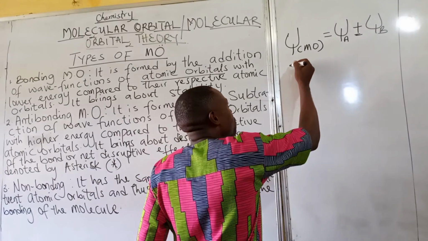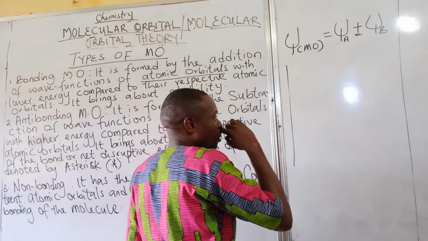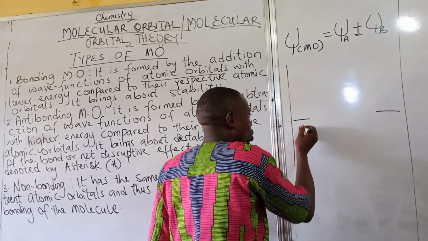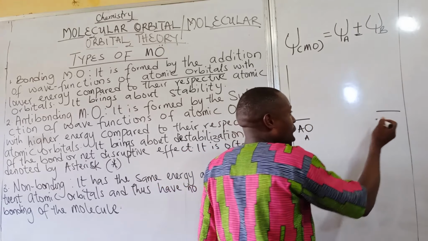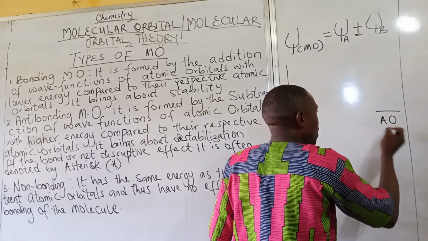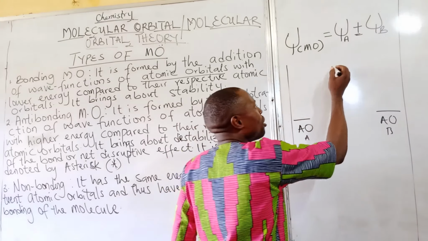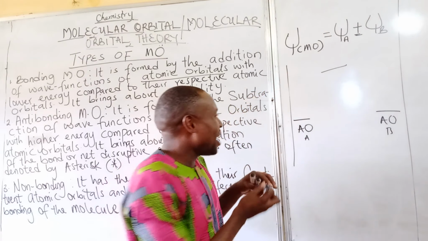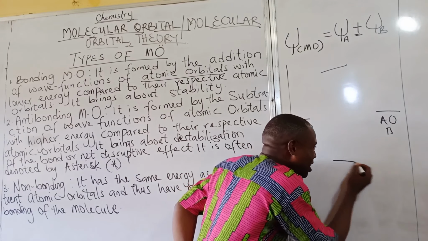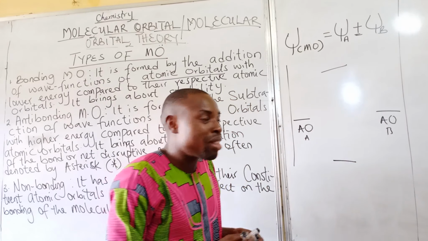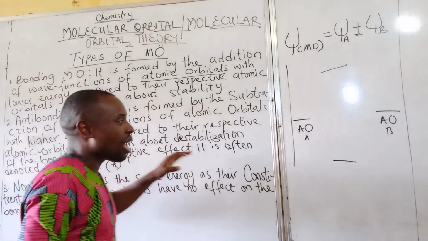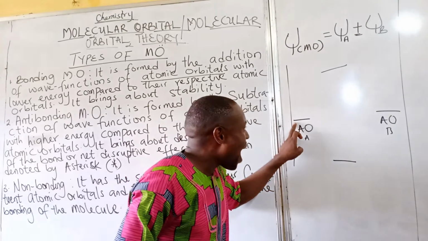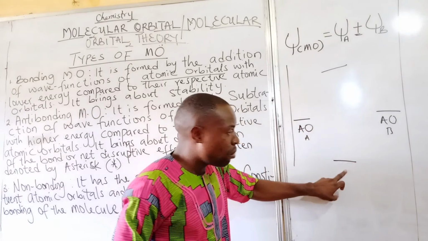This is the energy axis, and this place here is for the atomic orbital A and the atomic orbital of B. Now we'll have the anti-bonding that is always higher, and the bonding which is lower. So we have established the fact that the bonding molecular orbital has a lower energy compared to the atomic orbitals that formed it. You see now?